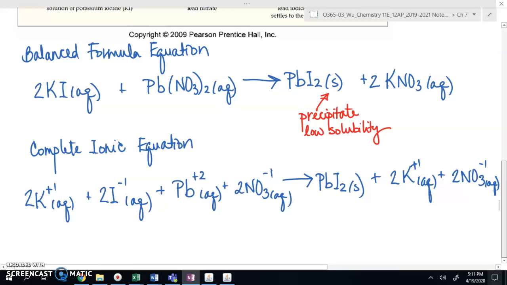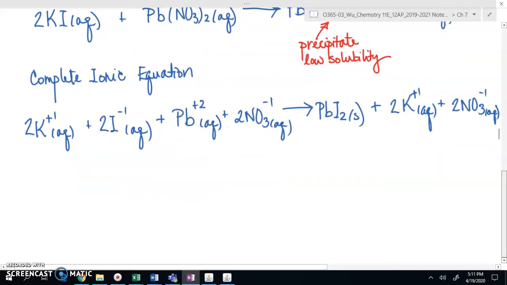Okay, we're good. Now, this complete ionic equation is kind of clumsy and long, and really it's a huge story, right? It's talking about how these ions came together and we formed this. But what if we want just the short story? Just tell me what happened. So the short story is our net ionic equation. Let's take a look. There were, in our beaker, some things that really didn't do anything.